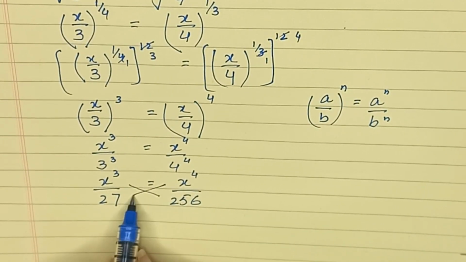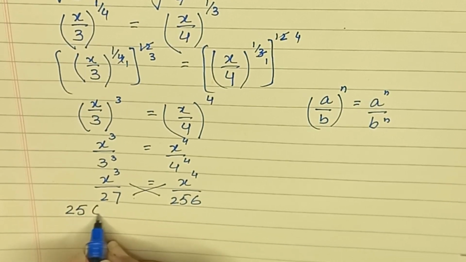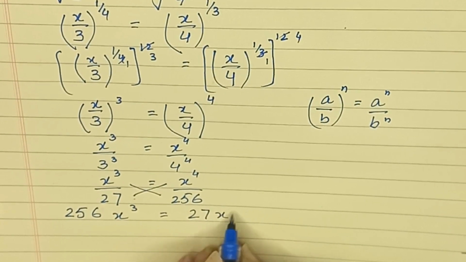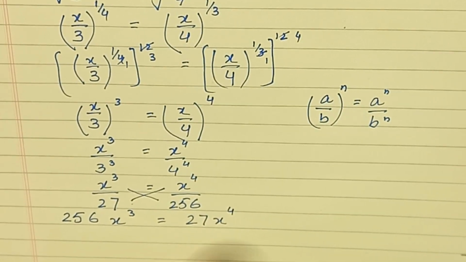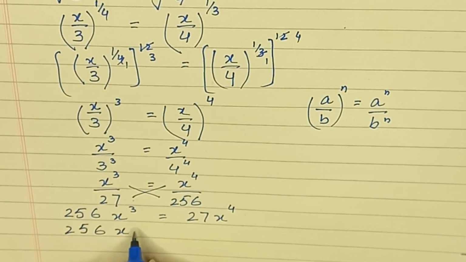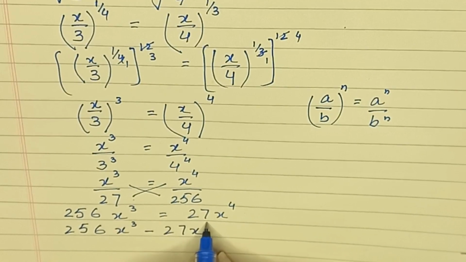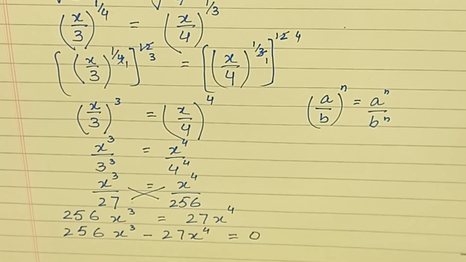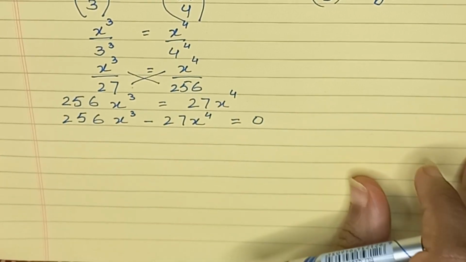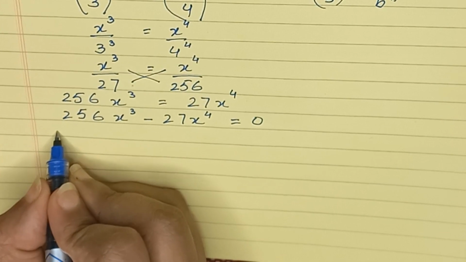Now cross multiplication, so it will become 256x cube is equal to 27x raised to the power 4. Now it can be written as 256x cube minus 27x raised to the power 4 is equal to 0. From these two terms, x raised to the power 3 is common.